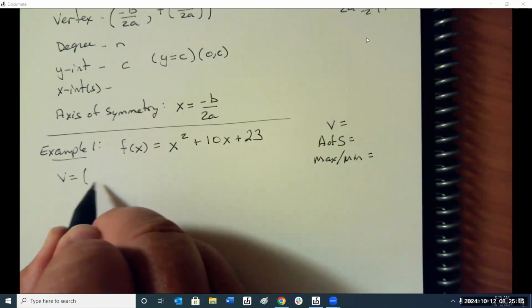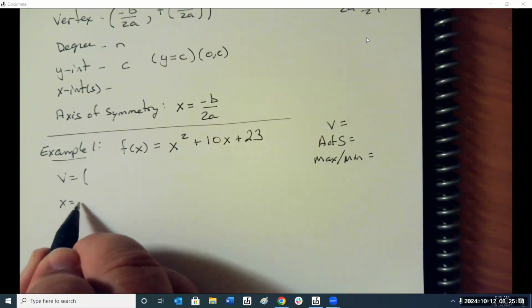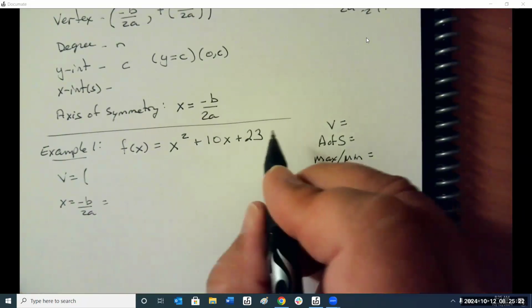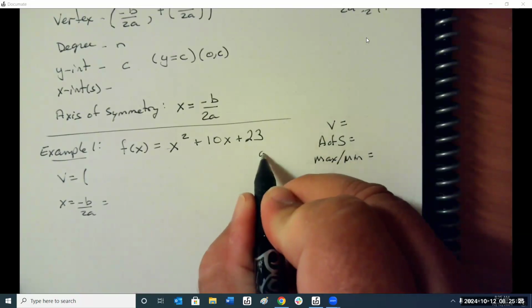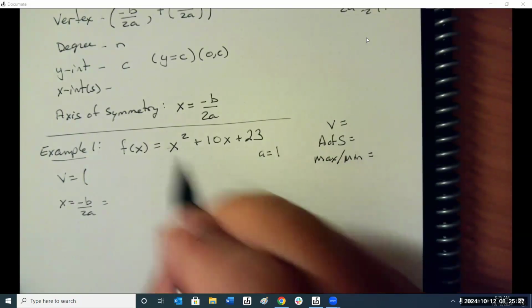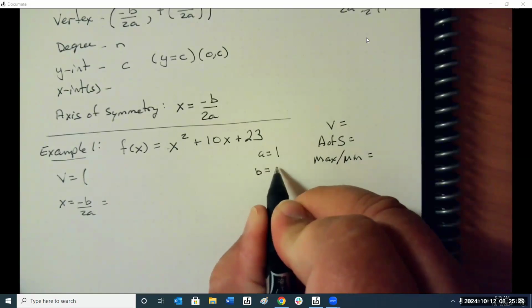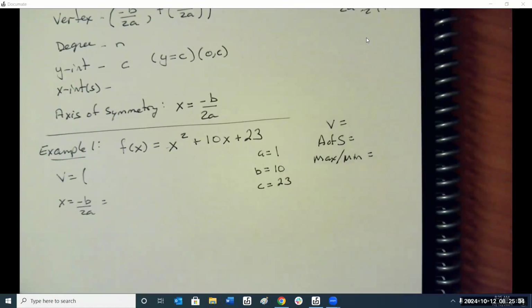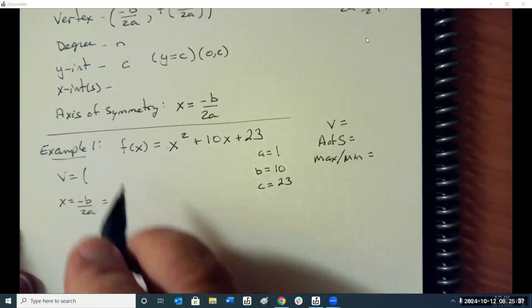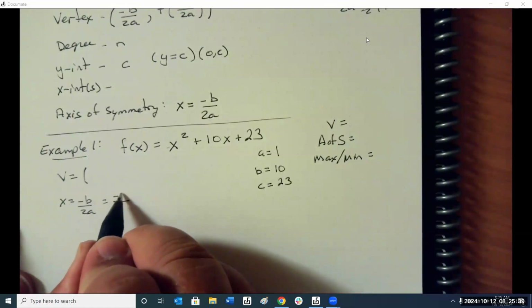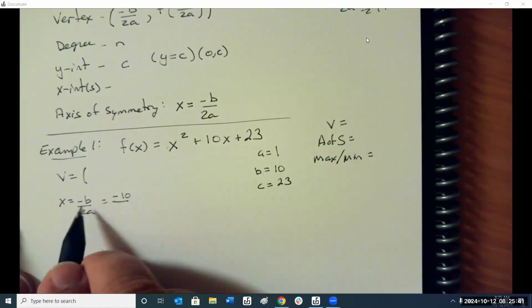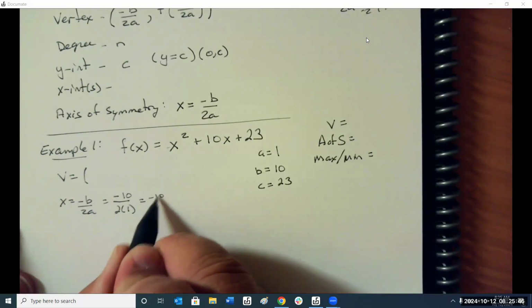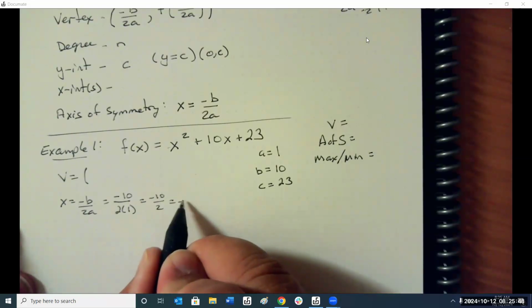Remember, x is negative b over 2a. We're in standard form, so we can label a is 1 in this case, b is 10, and c is 23. So plug that in there, we get negative 10 over 2 times 1, so it's negative 10 over 2, which makes it negative 5.